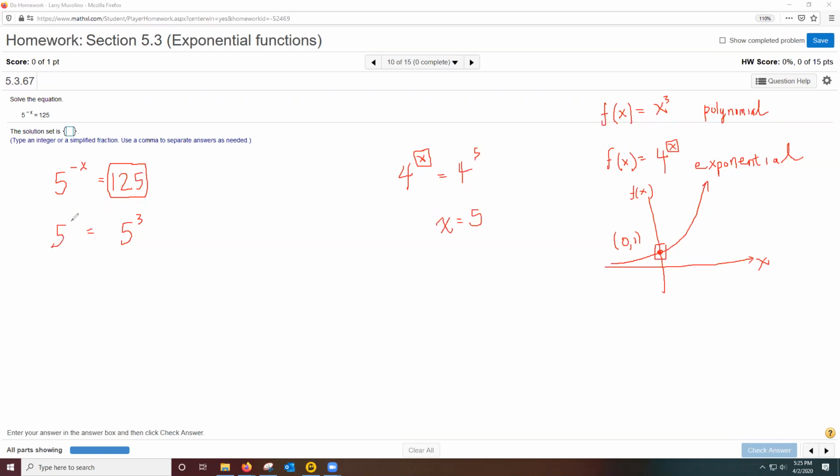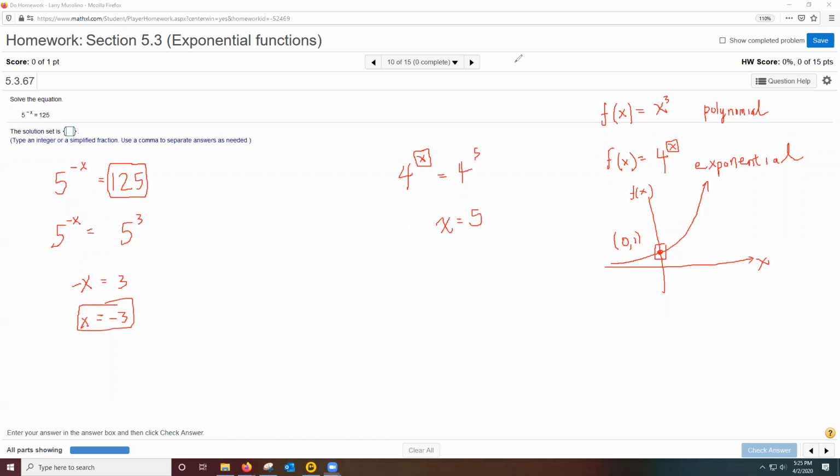Now I do have the bases the same, right? On each side of the equation, the base is 5. So I can just set the exponents directly equal to one another. So I have negative x equals 3. I could divide both sides by negative 1, and it looks like x equals negative 3. Okay, so for this example, the solution is x equals negative 3.